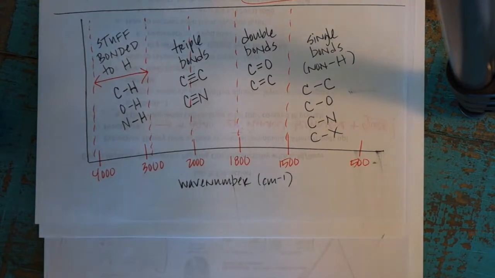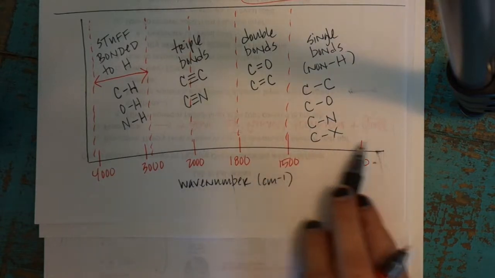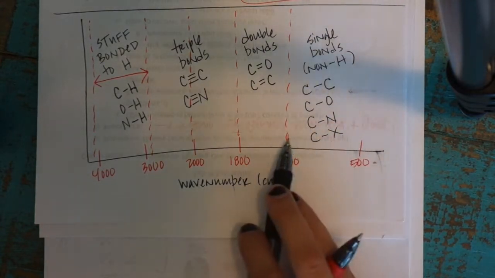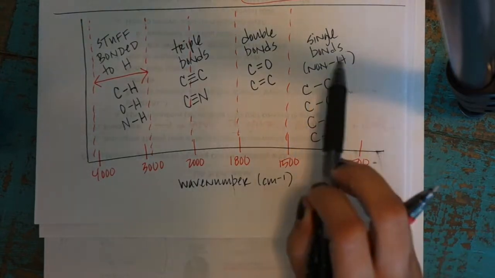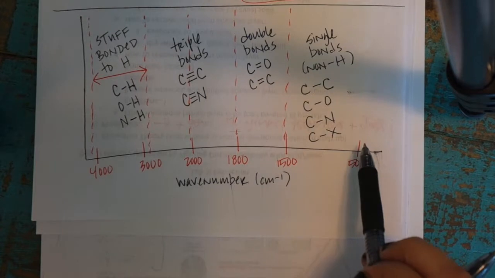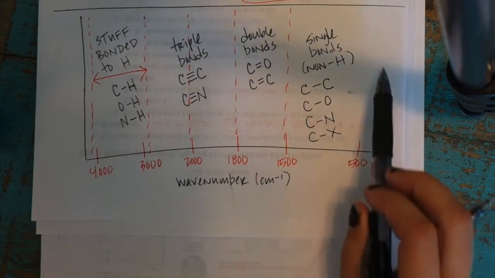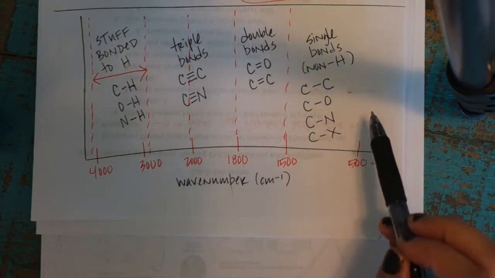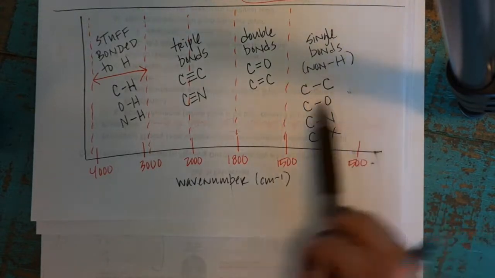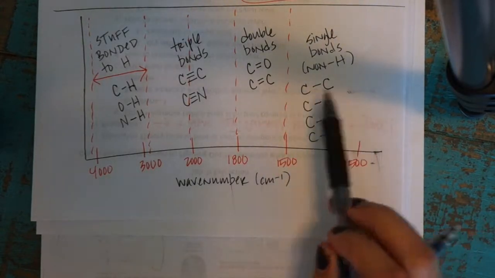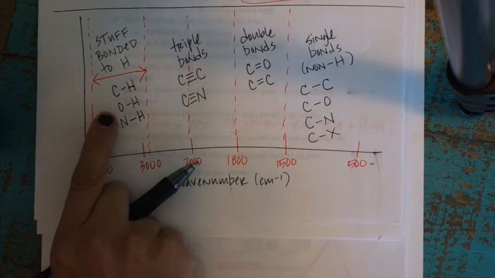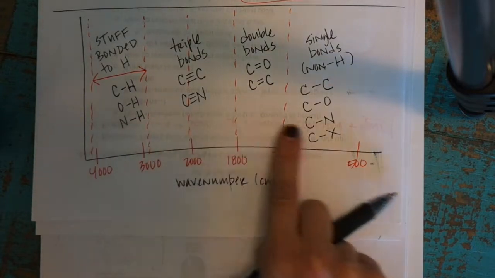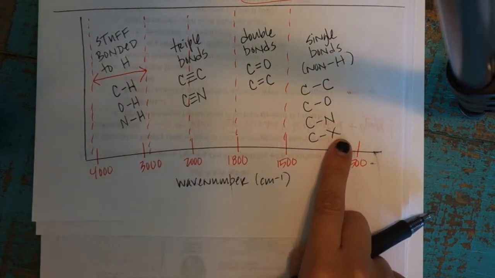Single bonds are very long compared to all of the other types of bonds, so they're going to have the lowest frequency stretchings and show up in the fingerprint. This region gets very messy. Depending on the compound, you'll see a lot of peaks, and nothing down here is very definitive, which is why you don't normally look here to identify your molecule. So again, we have our shortest bonds over here, sorting down to the longest bonds on the right side of the spectrum.